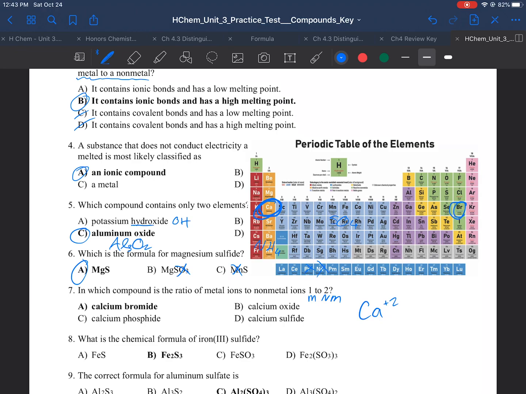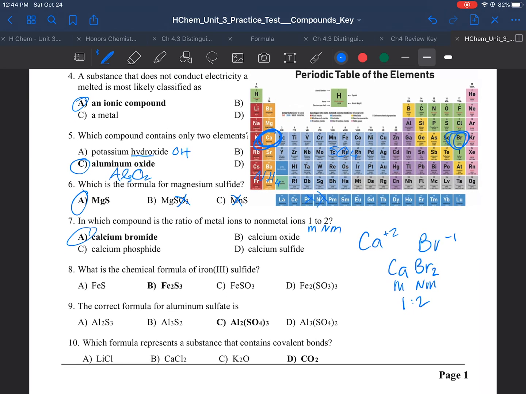Bromide likes to form -1 charge. So if we need the charges to cancel out, how they would combine is calcium 1, Br2. In our case, metal, nonmetal, are 1 to 2 ratio. So that's why it's A.